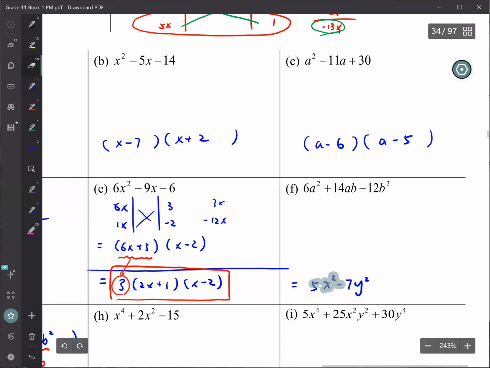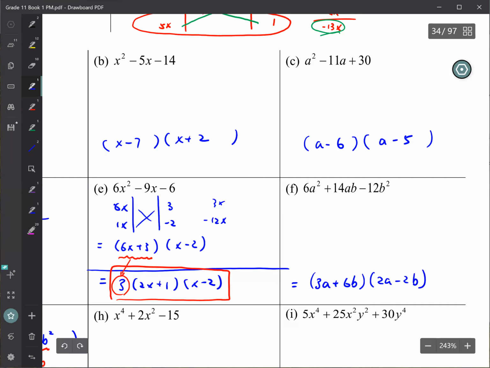Oh, okay, I was wondering where the x and y come from. 3a plus 6 and 2a minus 2. Oh, sorry, the question has b. 3a plus 6b and then 2a minus 2b.